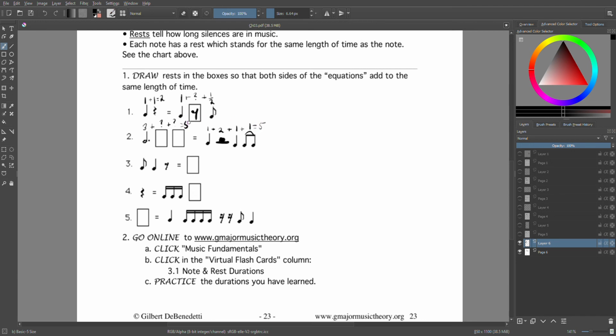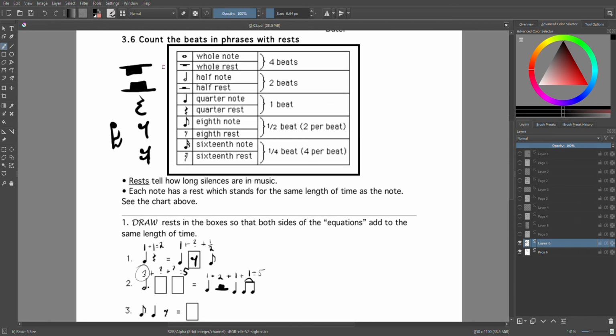5. So we need 2 different types of rests that we can add to 3 in order to equal 5. Well, let's make life easy on us and just have them both equal 1 beat, because 3 plus 1 plus 1 is 5. If we look up here, which is our rest that has 1 beat? Quarter rest.